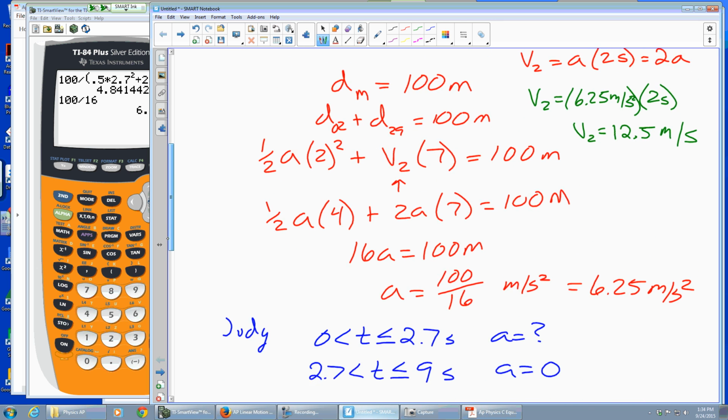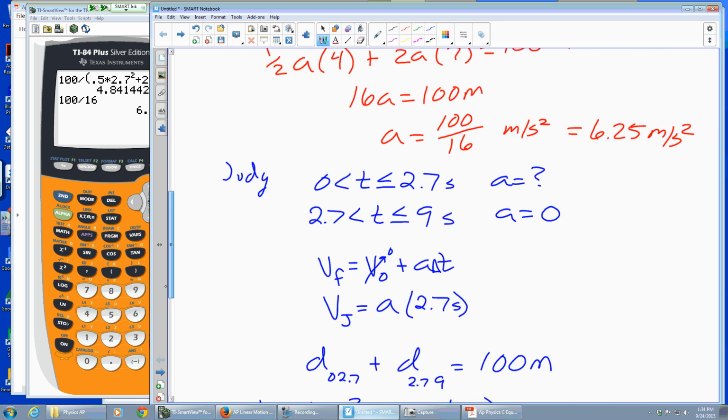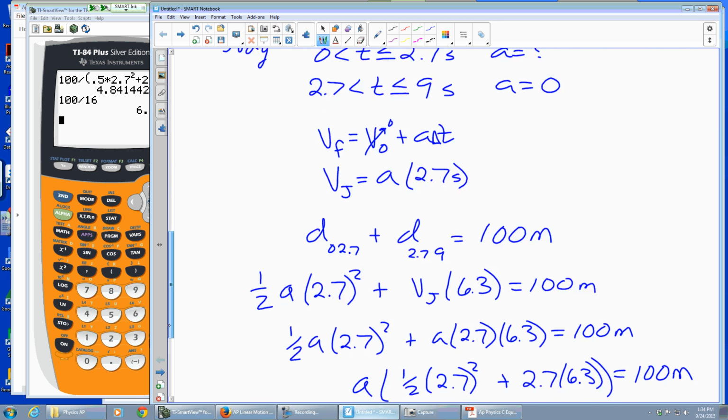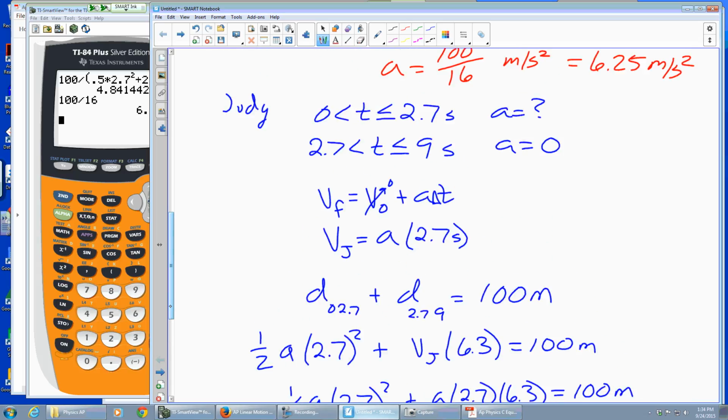Then I go down here and I'm going to do the same thing here for Judy. Substitute in my 4.841 meters per second squared at 2.7 seconds.